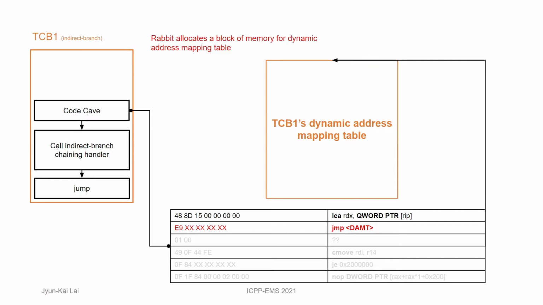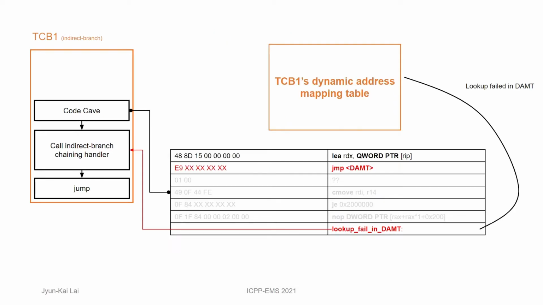The block of memory is called the dynamic address matching table. If the lookup fails in the dynamic address matching table, the control is transferred to the code calling the indirect branch chaining handler block and bypasses the code cap.